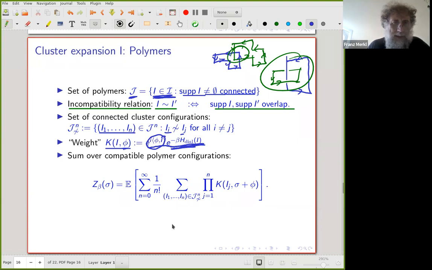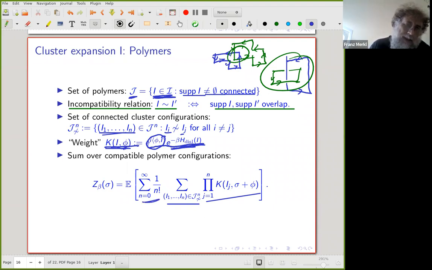And then we do a statistical mechanics model with these weights k_i phi, which is: you take for your configurations up here the product of all weights of i's in this configuration, sum over all configurations of n entries such that they are mutually compatible.